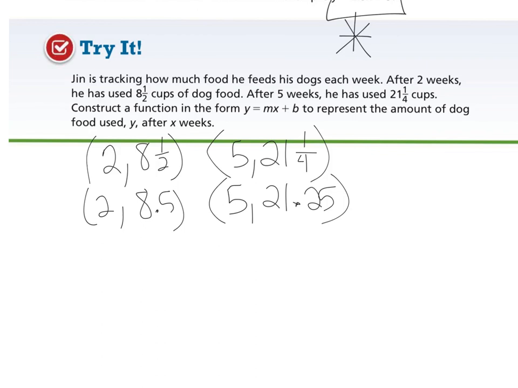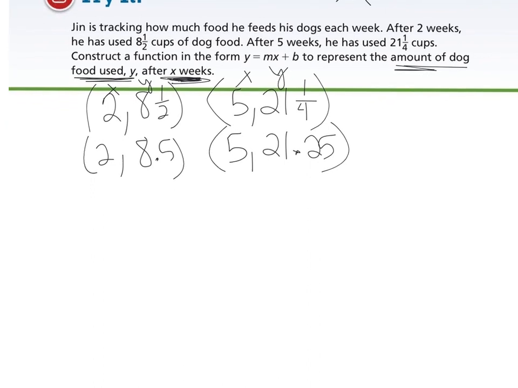I kind of cut to the chase here, but it says X weeks and amount of dog food used Y. So that kind of confirms that we did this correctly. 2 weeks, 8.5 cups. 5 weeks, 21 1/4 cups. So we've got them in the right order here.